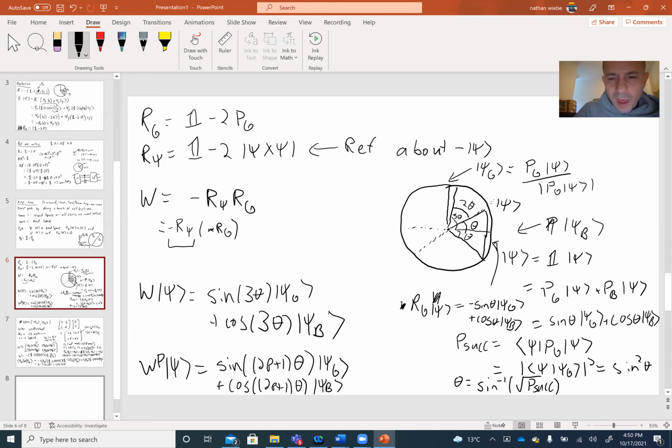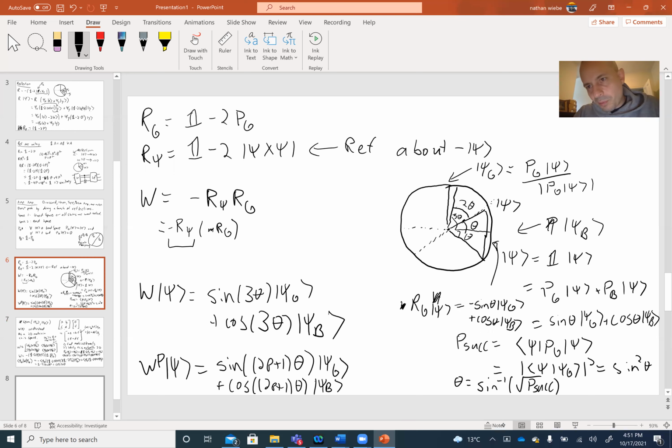Now, let's go back for a second and see what's happening here. This cosine 2 theta from our geometric discussion entirely makes sense, right? Because when we carried out the reflection down and the reflection back up, we rotated by an angle of 2 theta from our initial position at theta.